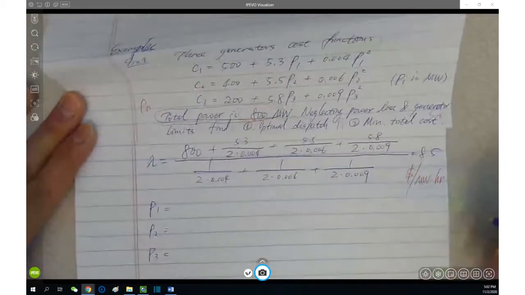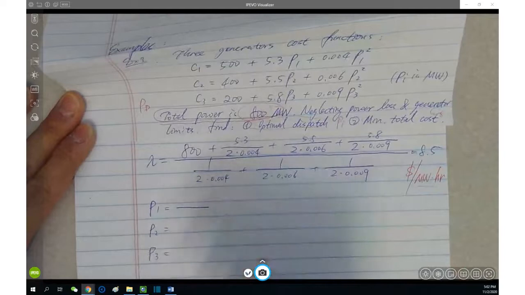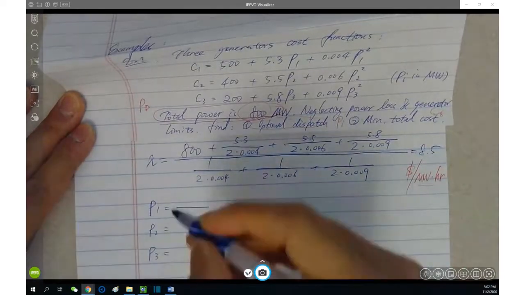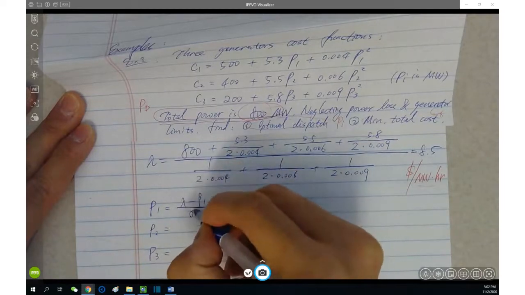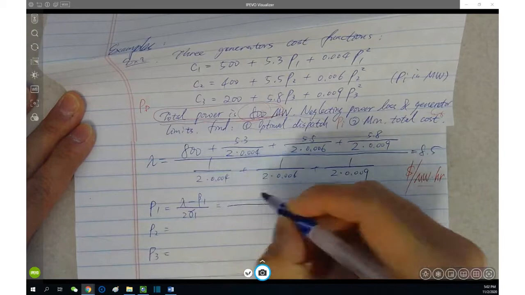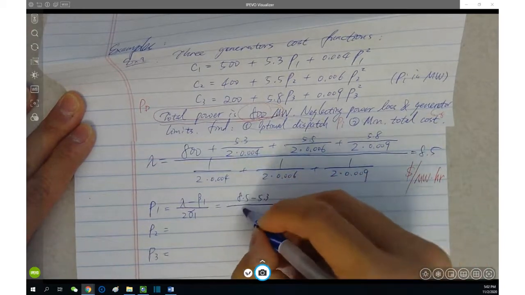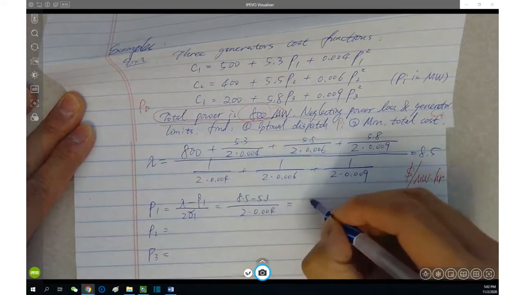P1 through P3. And then we just need to plug in. P1 equals minus beta 1 over 2 gamma 1, which equals 8.5 minus 5.3 divided by 2 times 0.004, equals 400 megawatts.